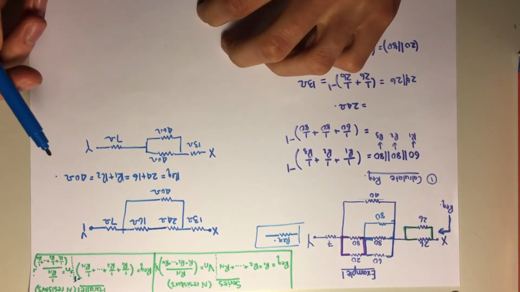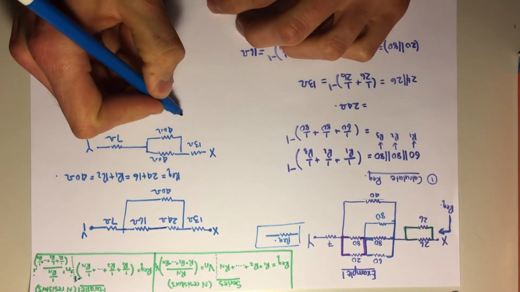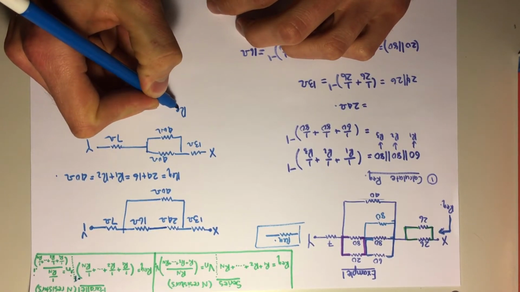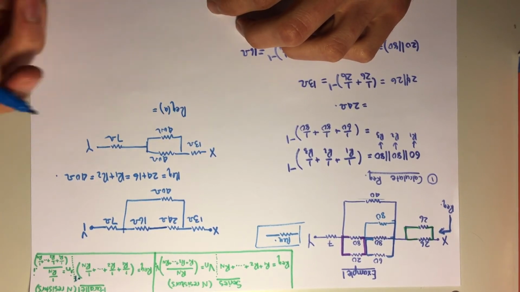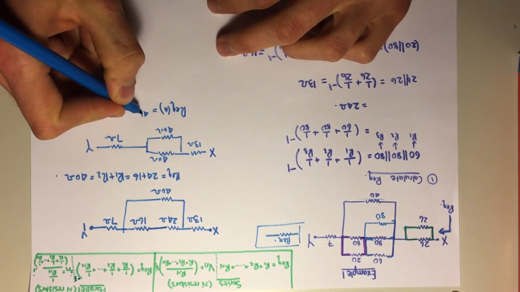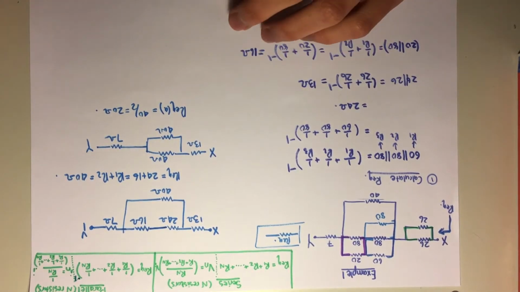So 40 and 40, remember we said that two resistors in parallel of the same size give us half of the resistance. So R equivalent, let's call it R equivalent A in this case, is equal to 40 over 2, which gives us 20 ohms.